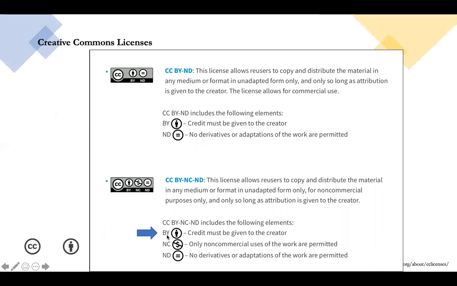You can see here BY, so credit must be given to the creator, and typically each of them include that. They can only be used for non-commercial purposes, and your research is a non-commercial purpose. And you can also see if they will allow you to adapt it in any capacity or not.